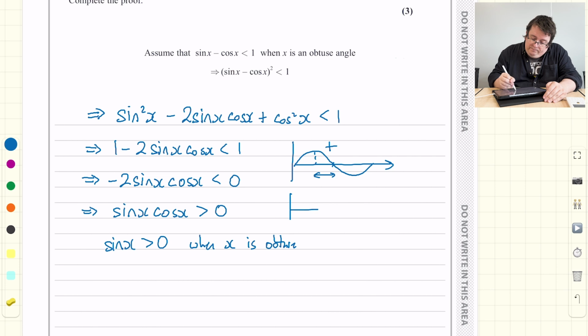And cosine, when we've got an obtuse angle, is between these two values, and here you can see it's below the x-axis, so it's negative.